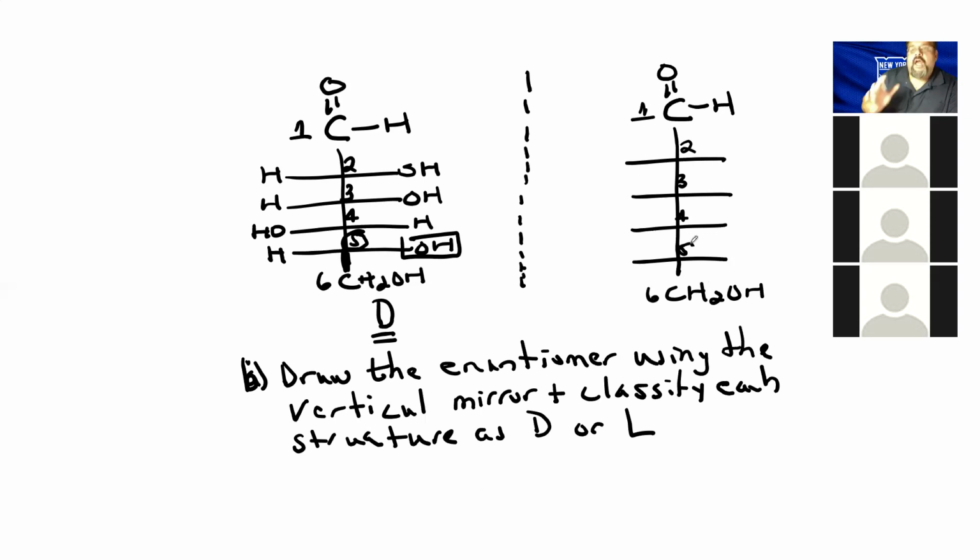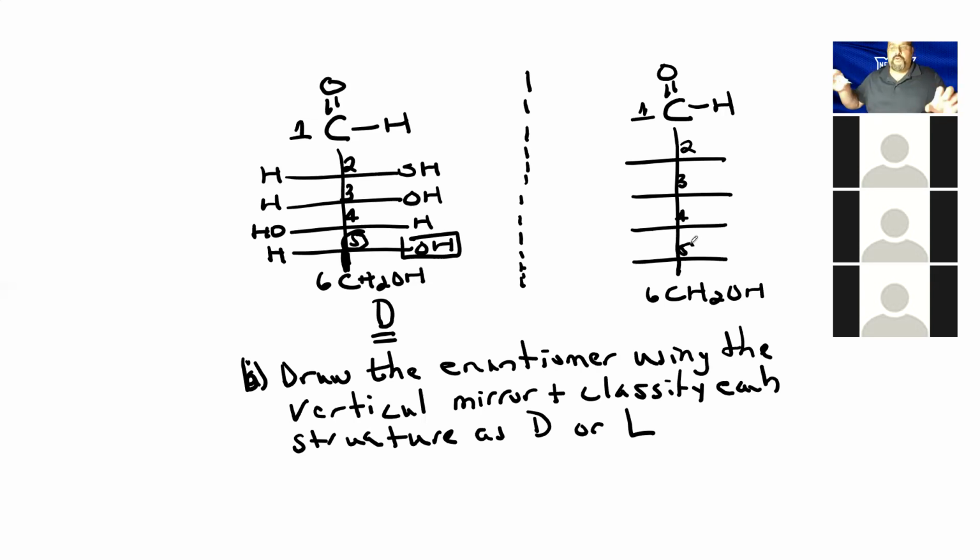But everything that's horizontal, the horizontal groups switch. And the key, because I saw this mistake made on a few of the homeworks, is that it's not just the horizontal groups on the last chiral carbon, the one that determines D or L. It's not only that OH and H that switch sides, it's all the OHs and Hs that are on the chiral carbons.